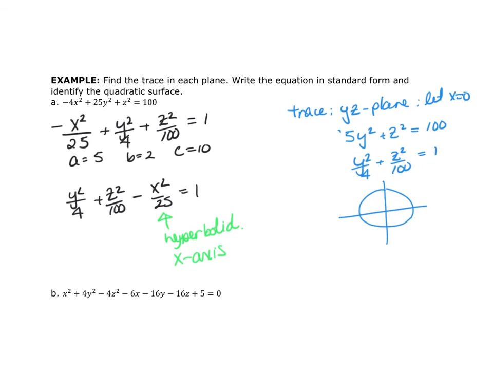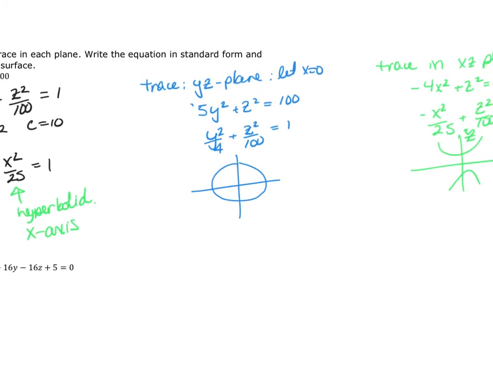Now, I kind of knew that this is going to be a hyperboloid because of the shape. And I also know this is going to be a hyperboloid of one sheet. The reason I knew it was one sheet is because of this. Do you see how that XZ plane, so here's Z, and here's Y, and here's X. The XZ plane, or the YZ plane, had an ellipse there.